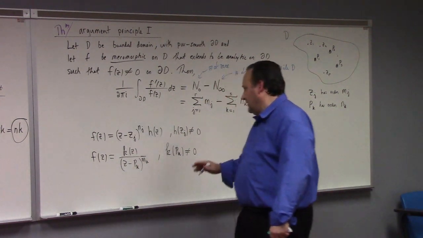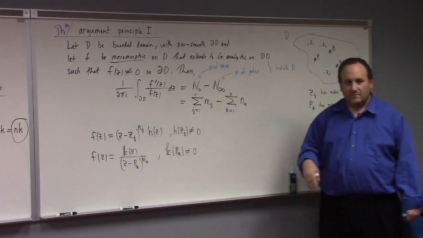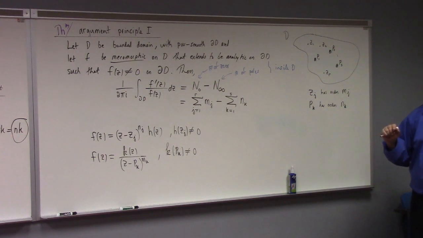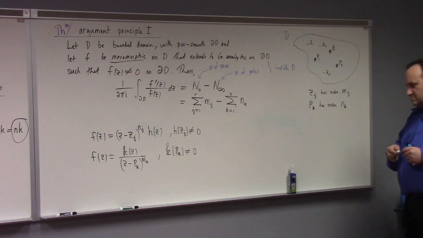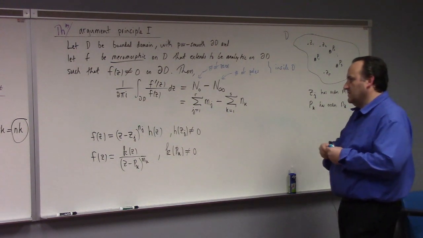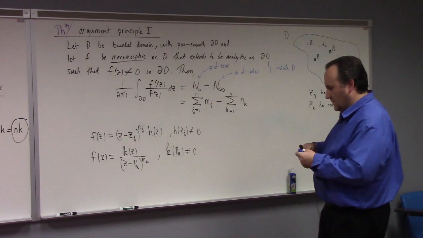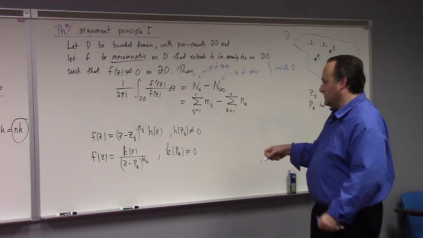Of course, the h and the k are both holomorphic at the points in question. So what happens when you look at f prime over f for these?